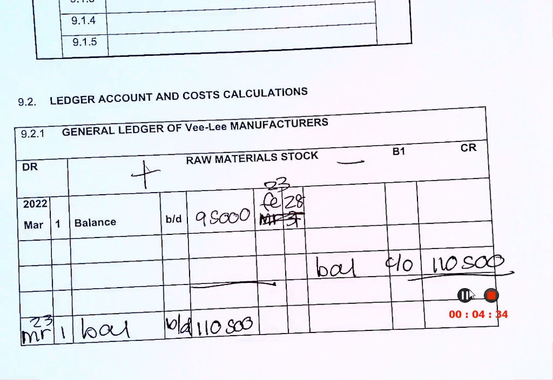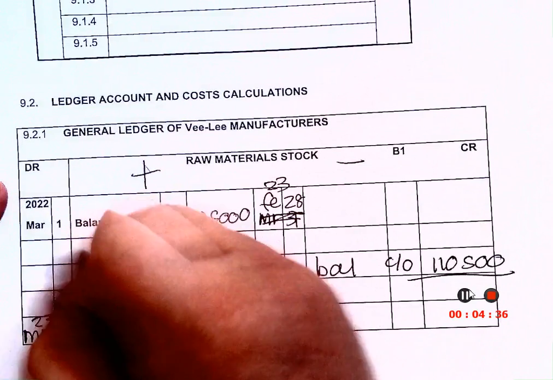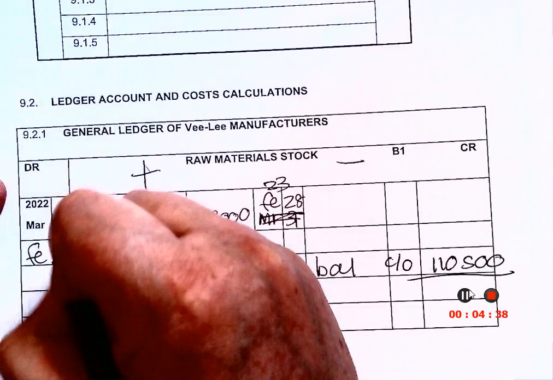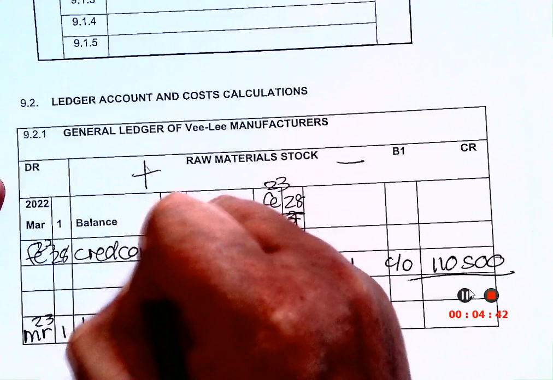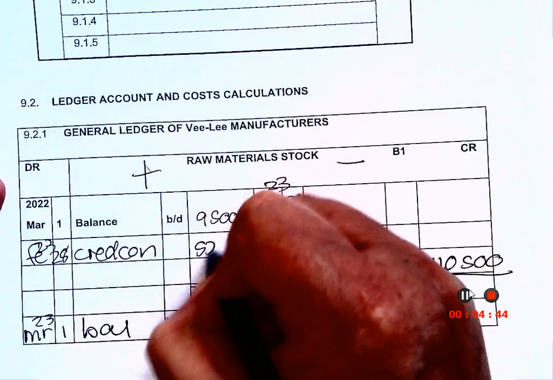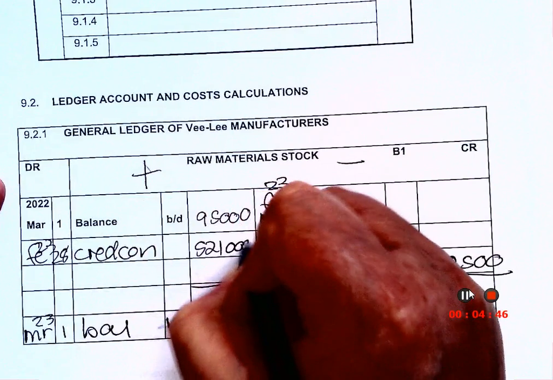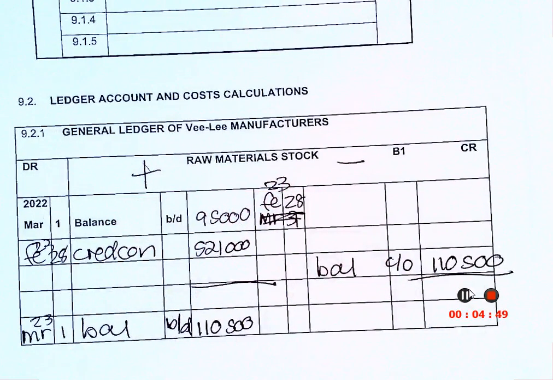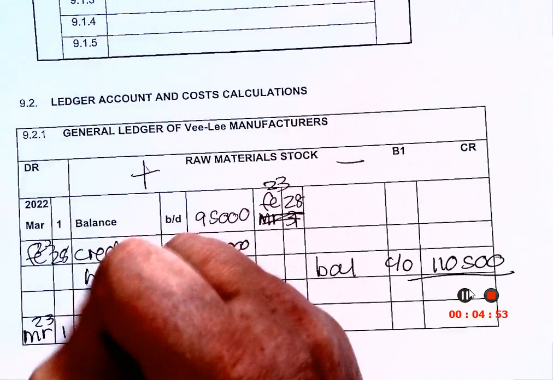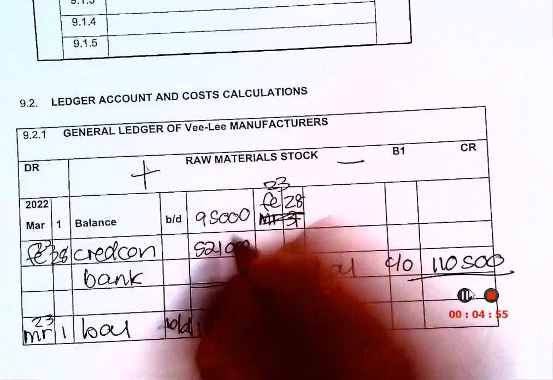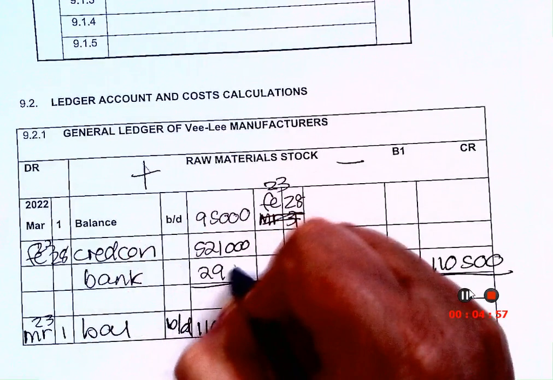Raw material purchased on credit. So meaning on credit, it's creditors control. 521. Cost of transporting was paid cash. So that would be bank. 29.5.